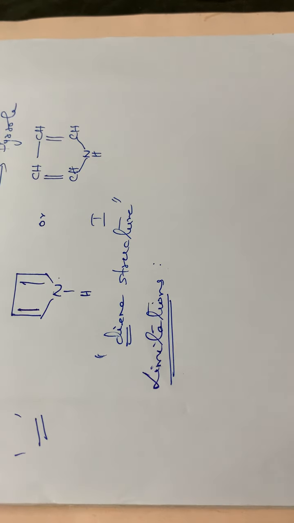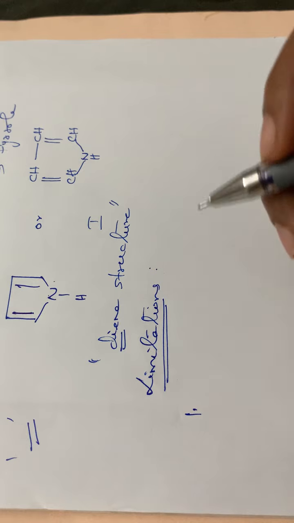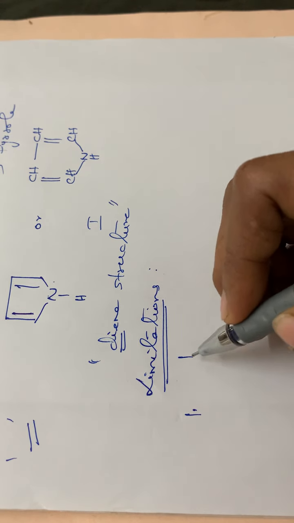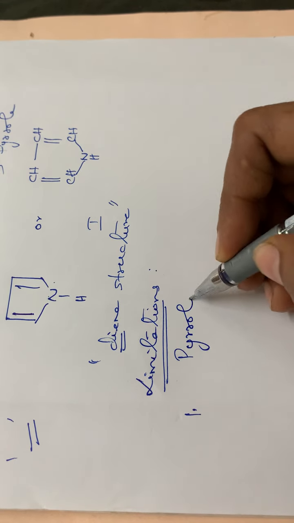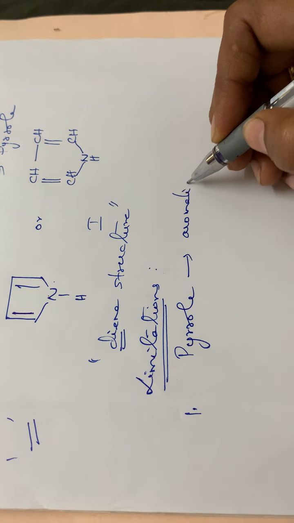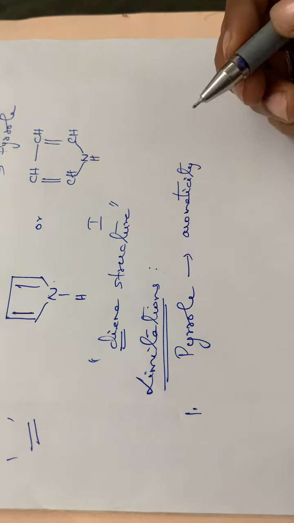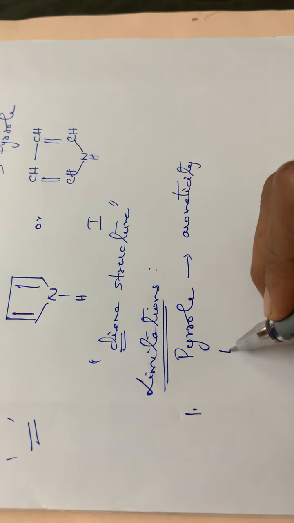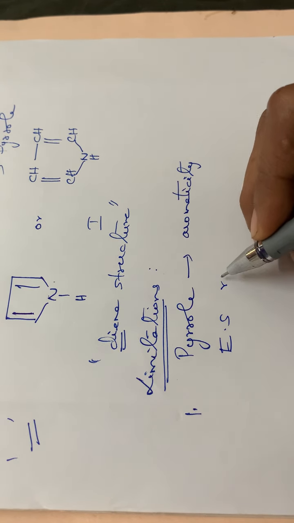The limitations of the diene structure: the first one is that pyrrole is aromatic. Normally pyrrole shows aromaticity, and it also undergoes electrophilic substitution reactions.